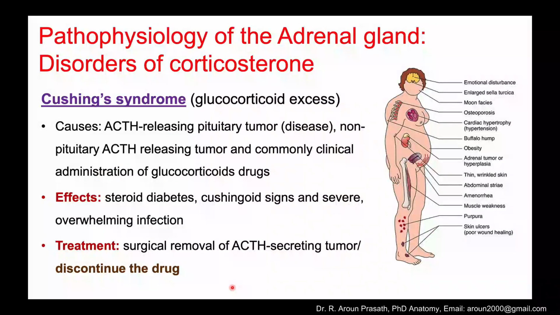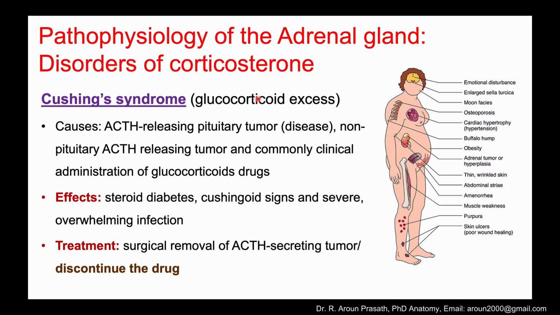Next, coming to the pathophysiology of the adrenal gland. If there is a disorder of corticosteroids, that is adrenal cortex dysfunction, it leads to, first, Cushing's syndrome, which is excessive production of glucocorticoids.